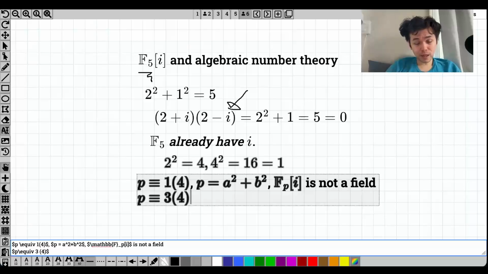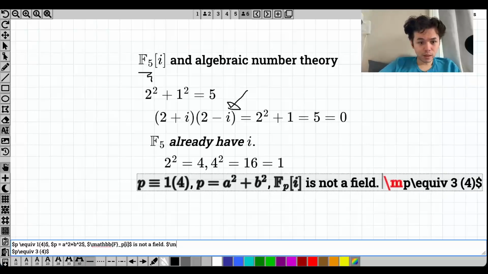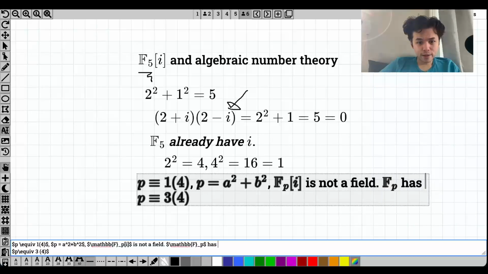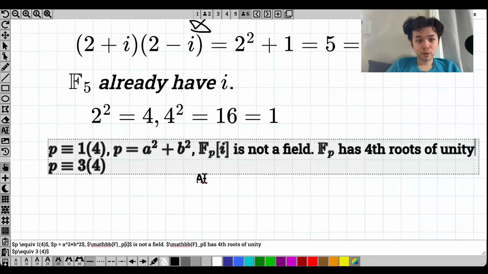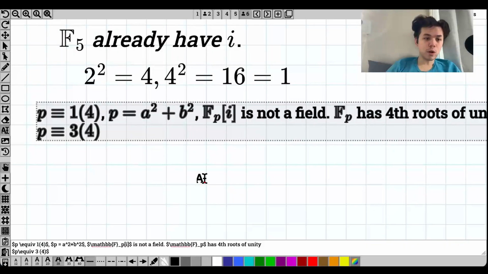And I should add the fact that F_p has fourth roots of unity. So all of these facts correspond when p is 1 mod 4.